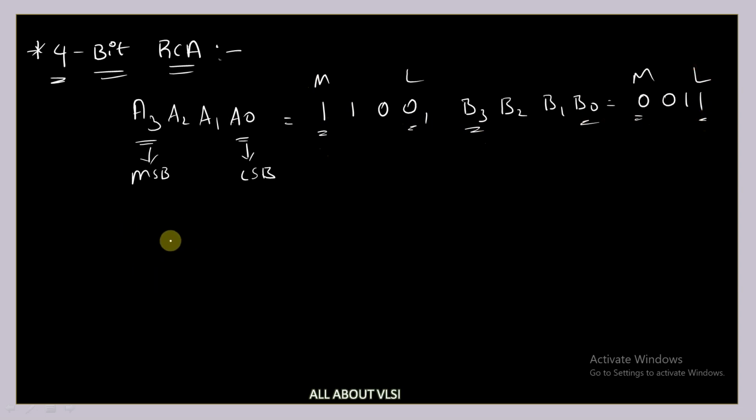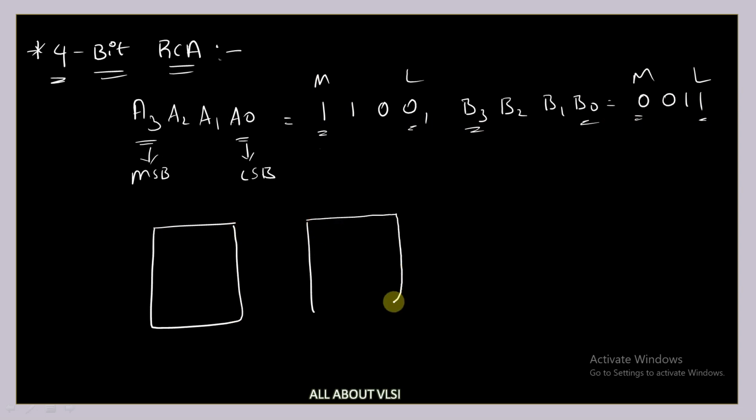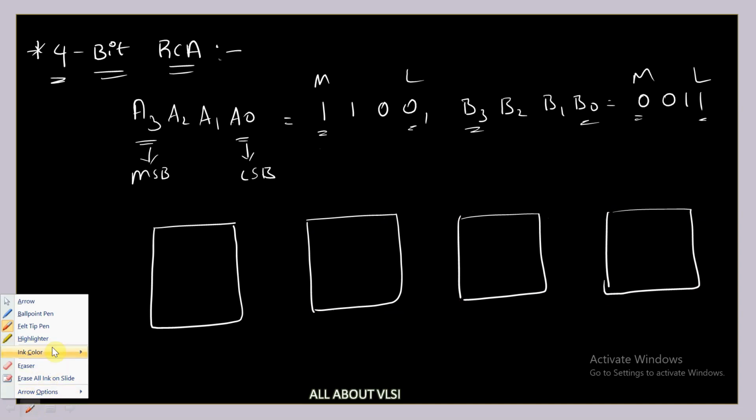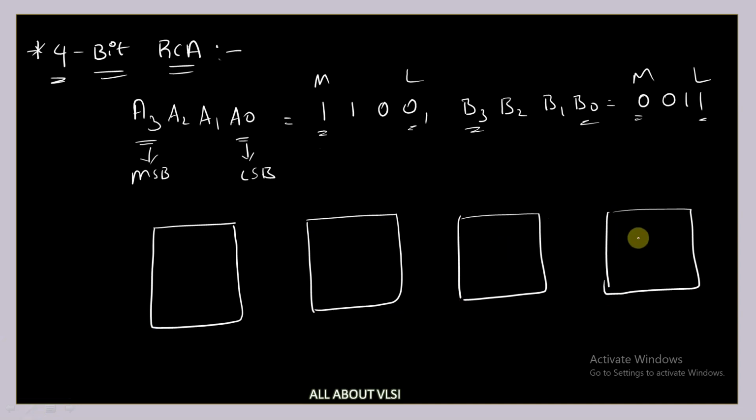Now let me draw the 4 full adders: 1, 2, 3 and 4. These are the 4 full adders which I am taking. This is my LSB side, so this is FA0, this is FA1, FA2, FA3.